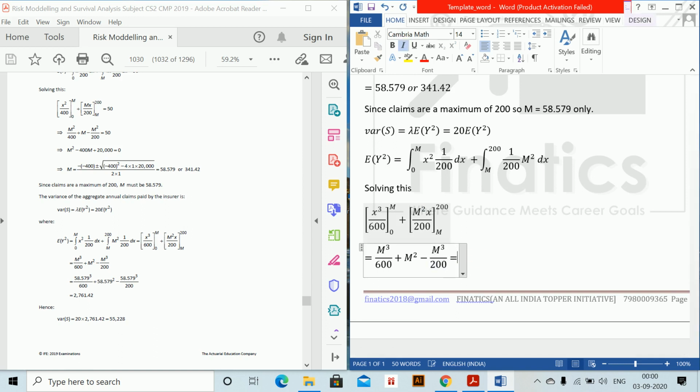On solving this, I put in the values, copying this: 58.579 cubed, 58.579 squared, and here also 58.579.